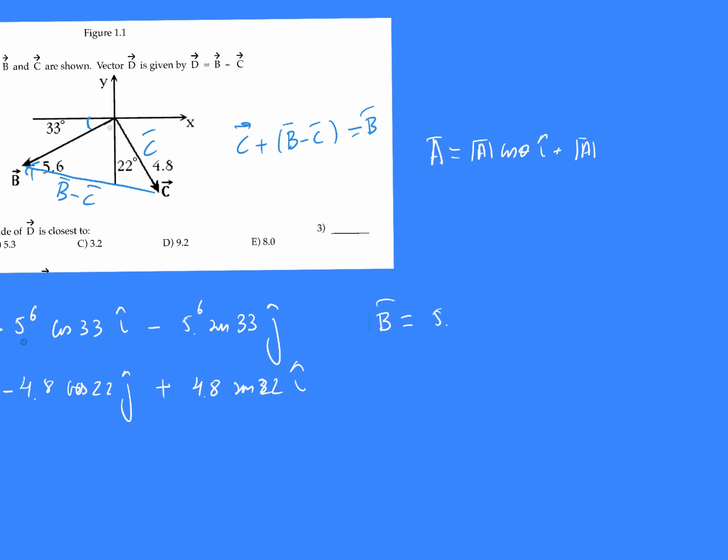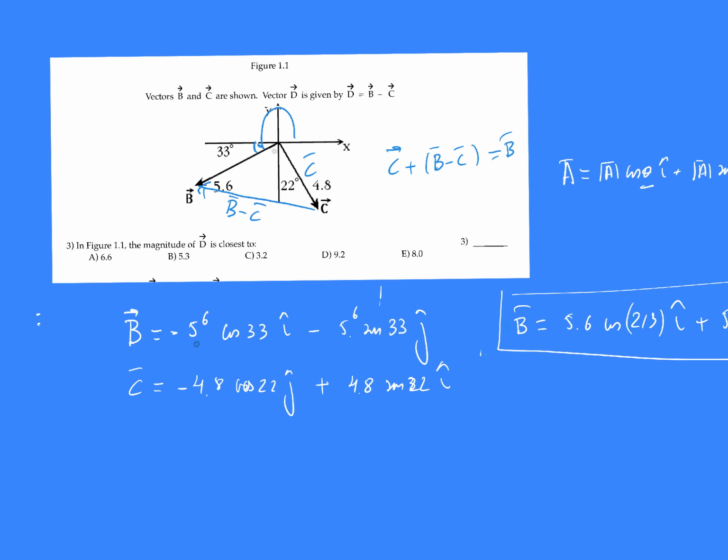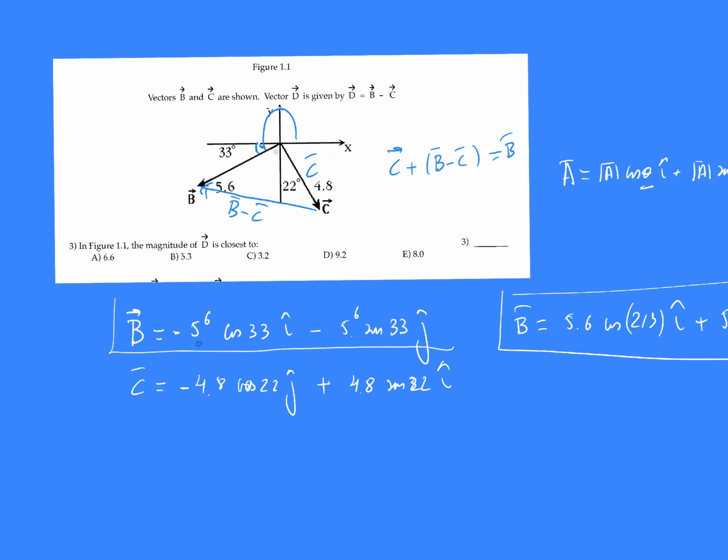So the vector v will be 5.6 cosine of theta, where theta is this angle, 180 plus 33, which is 213, in the i direction plus 5.6 sine of 213 in the j direction. This vector v and the previous vector v are the same expression.